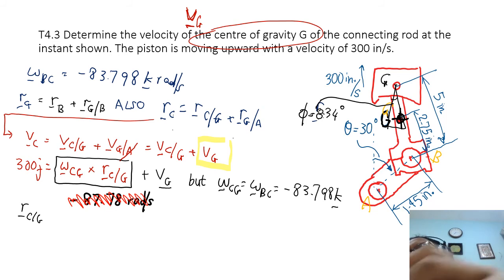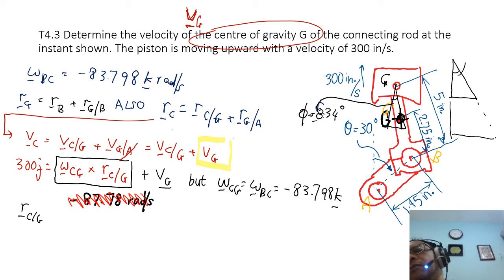So from there I can draw this angle here, something like this. So this is 8.34 degrees. What is the length?